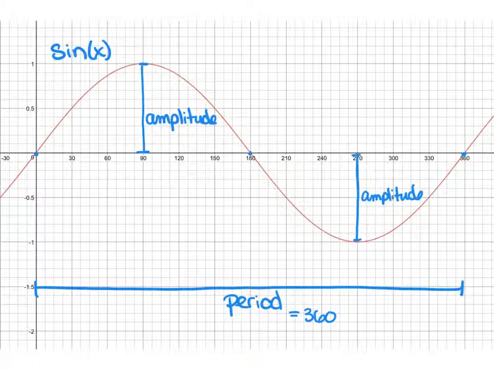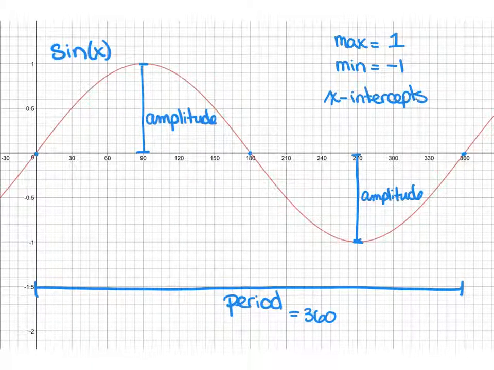A couple of other things: our max and min. Our max is at 1. Our minimum is at -1. We can see it right here. Another thing it might ask is what your x-intercepts are. Notice for sine, it is at 0, 180, 360.